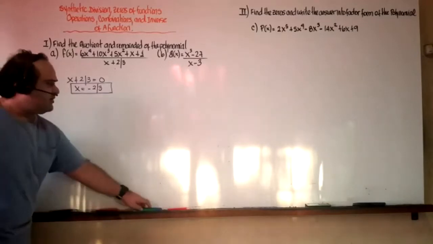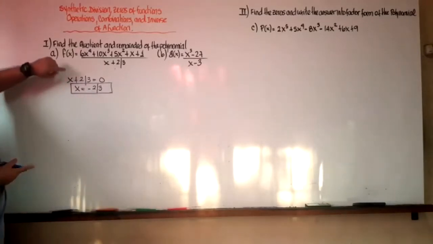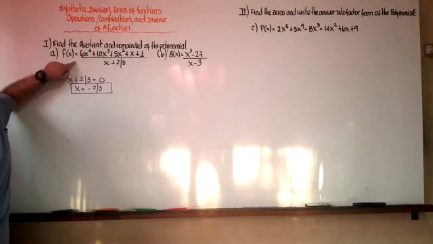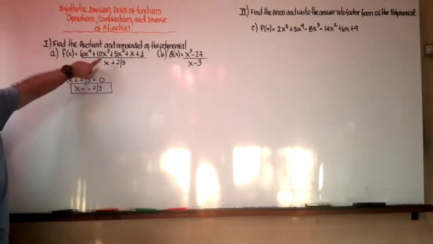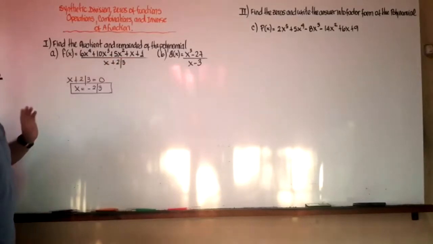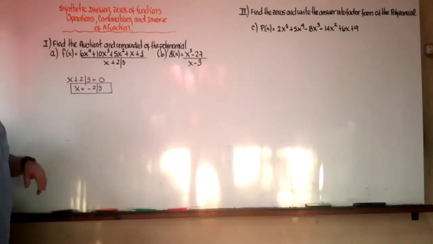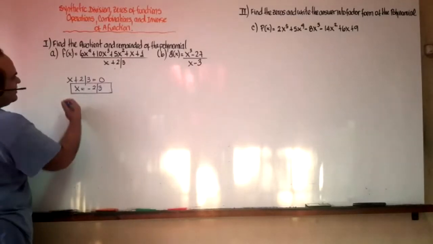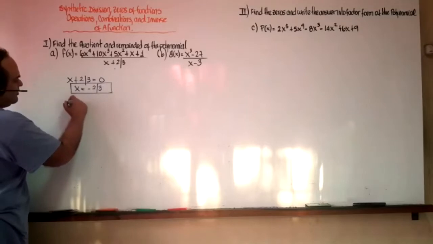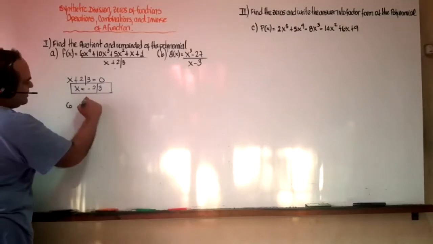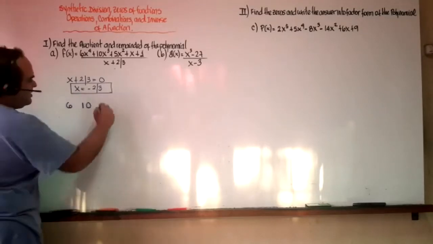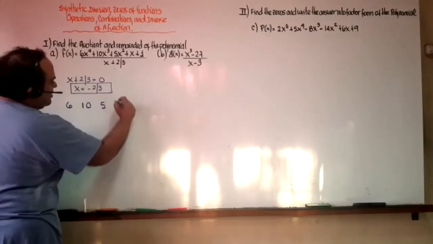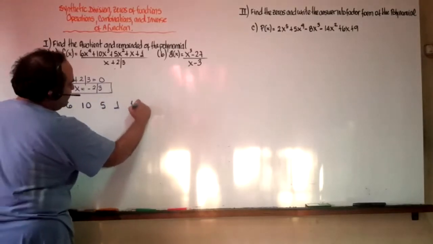Let's check if the numerator is in canonical order. x^4, x^3, x^2, x, and the constant, so there's no problem. In the canonical order, I'm going to copy the coefficients: 6, 10, 5, 1, and 1.